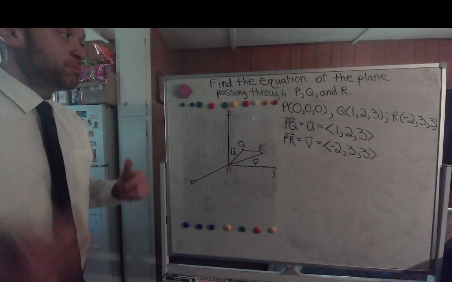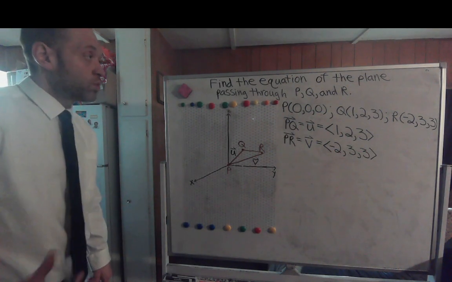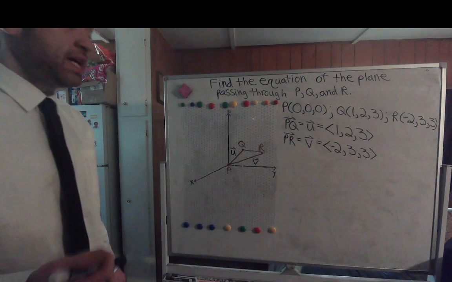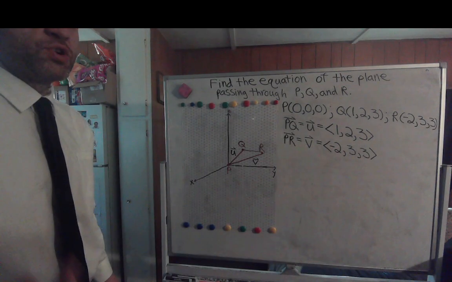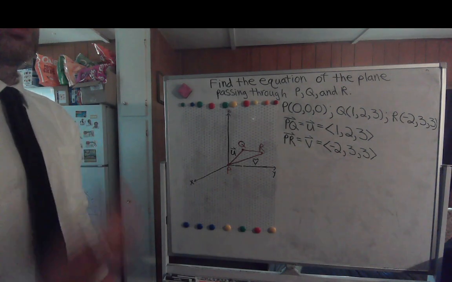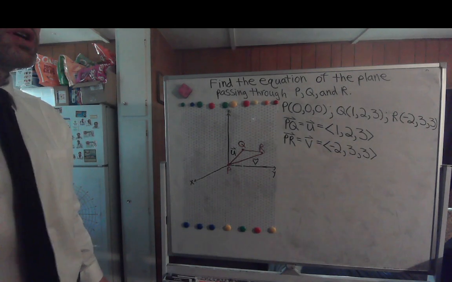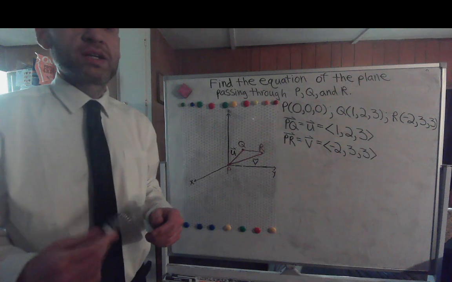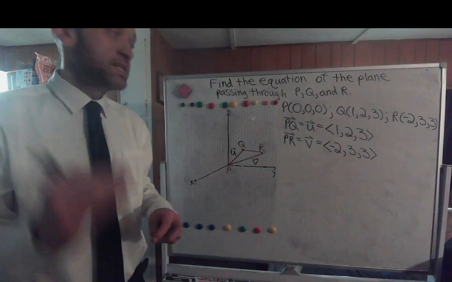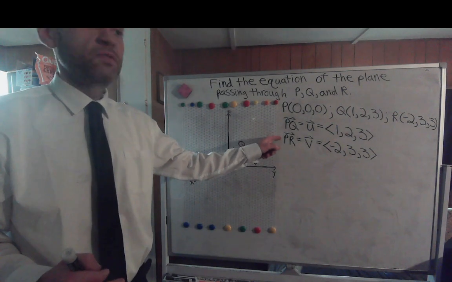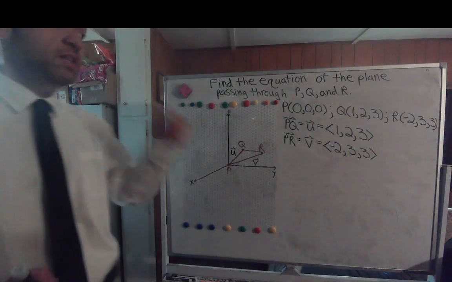So what does that mean? In order to find the equation of a plane, we need to find a normal vector, which will give us our direction numbers. In order to find that normal vector, what do we remember from the cross products lesson? The cross product is always perpendicular to the 2 original vectors that you took the cross product of.